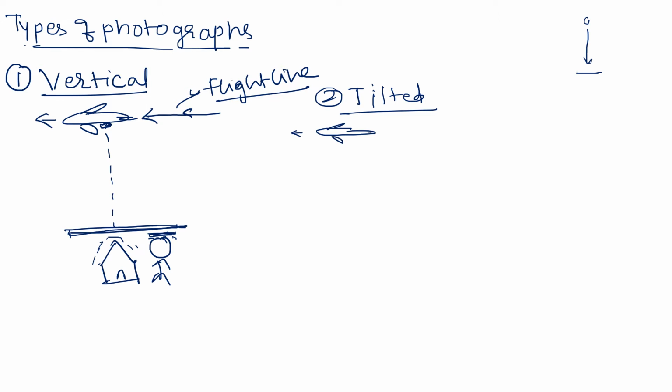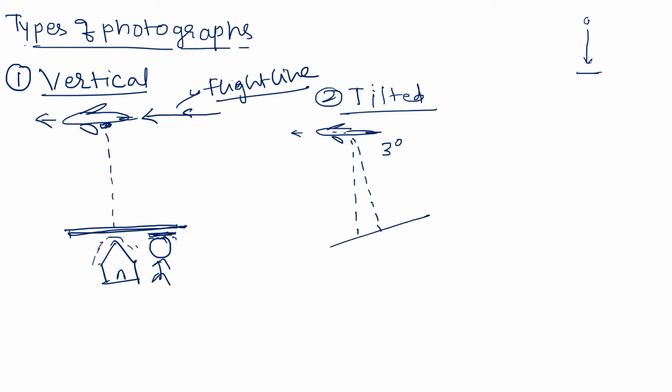Even though it looks like a fish, consider it a flight. This is my perspective projection, but my photographic plate or axis is not exactly vertical. Here it has tilted a bit. This tilt will be less than 3 degrees.